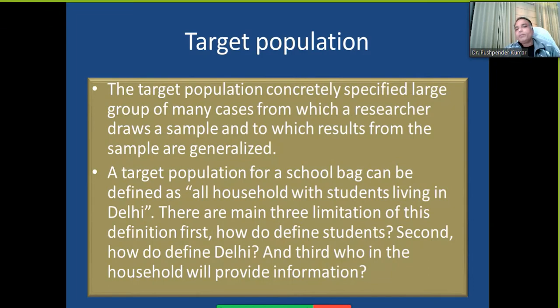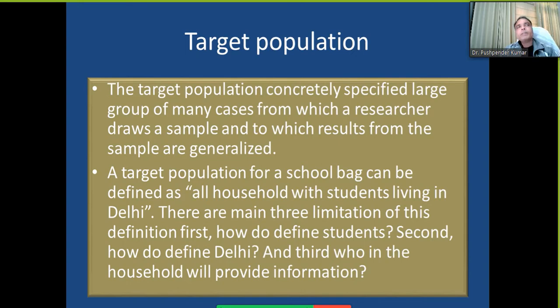The target population for a school survey can be defined as all households with students living in Delhi. Right? There are three main limitations of this definition. First, how to define student. Second, how to define Delhi. And third, who in the household will provide information.